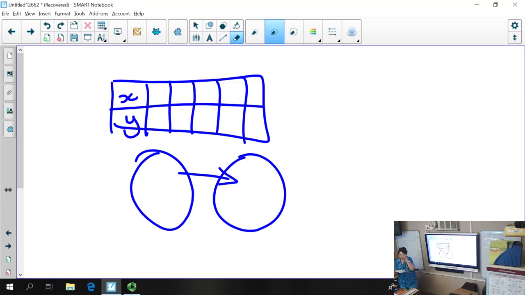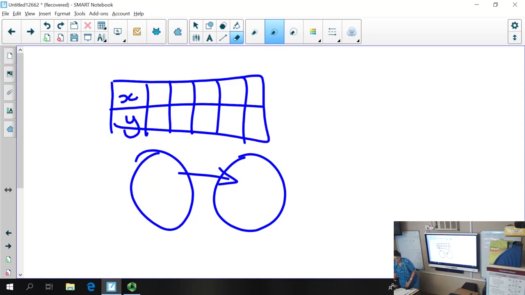So the input values and the output, the y is your output values, your range. And this is where we talk about a 1 to 1. Look on page 113. If y is equal to 2x plus 1, it's a 1 to 1. For each x value, there's one y value, 1 to 1. Look at the second one.